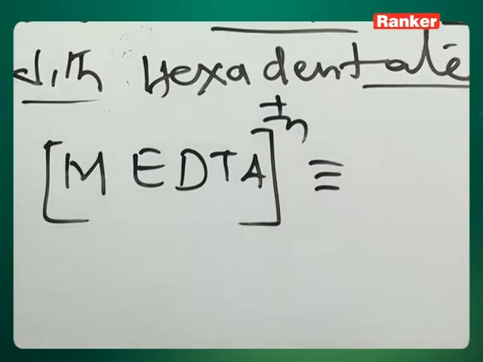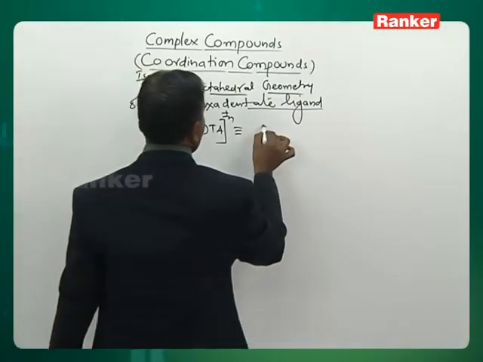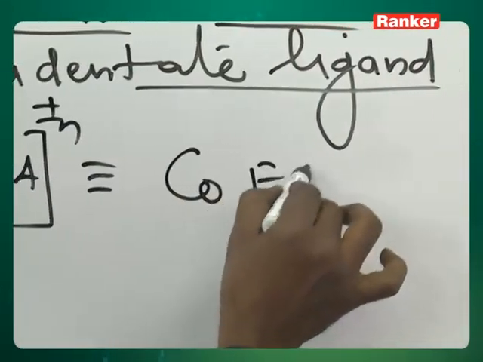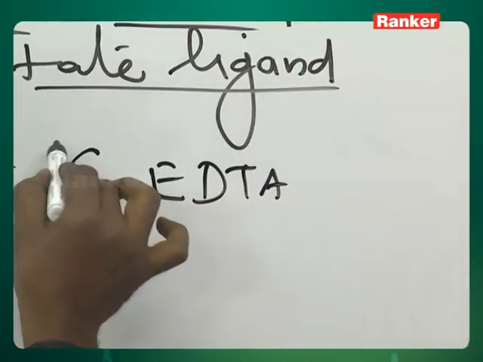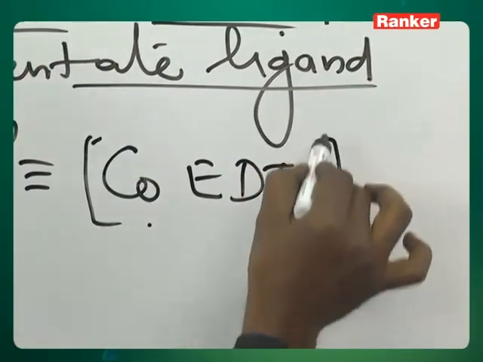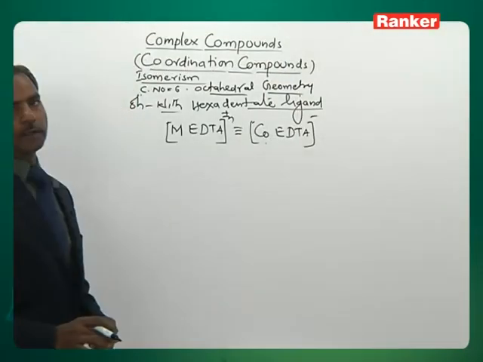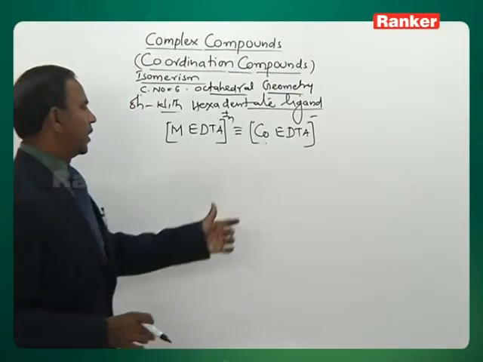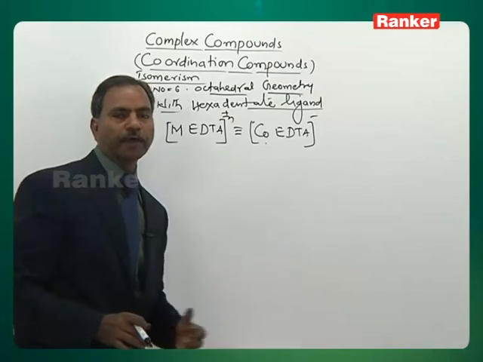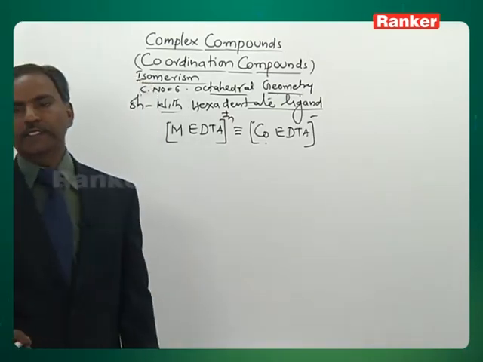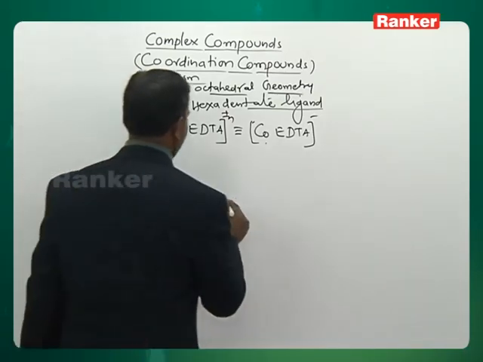See, M(EDTA) is optically active. Take Co(EDTA). Co(EDTA) is optically active. How is it optically active? Let us put the diagram and see D and L isomers for this. Look here.